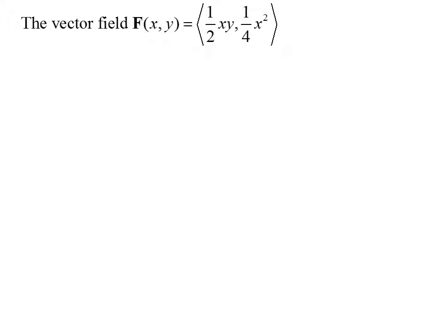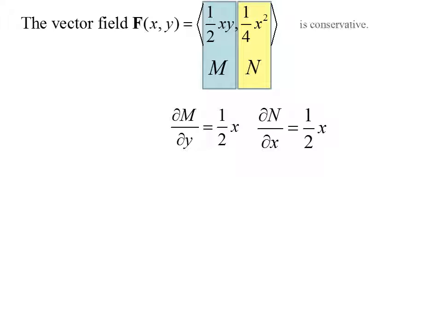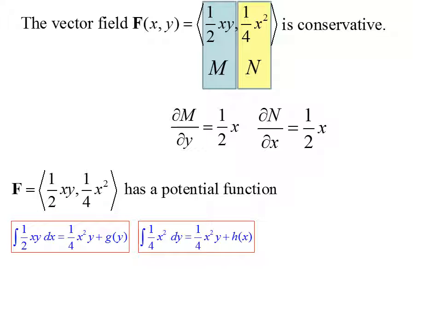So if we take this vector field and check it, we find that it is conservative. So we can apply the fundamental theorem of line integrals, which says we can find the potential function by integrating the first component with respect to x and the second component with respect to y, and then reconciling those two.